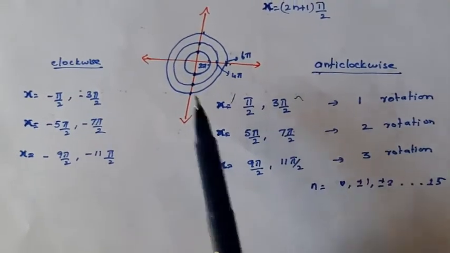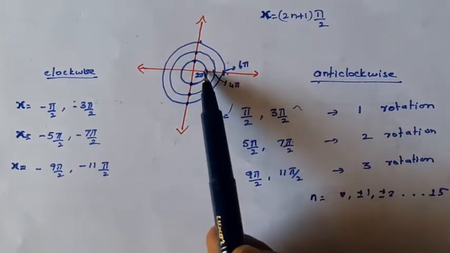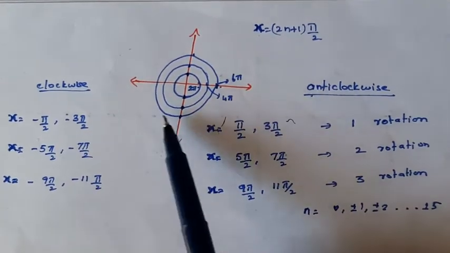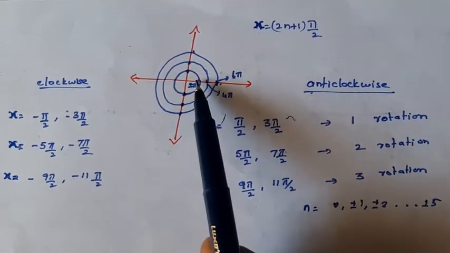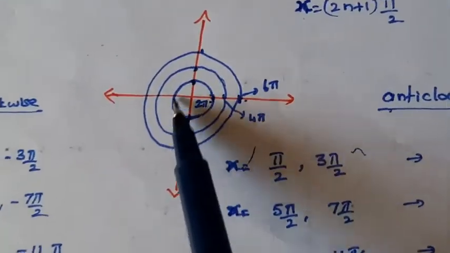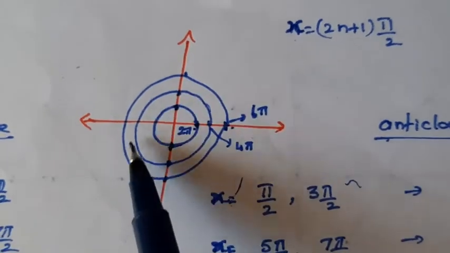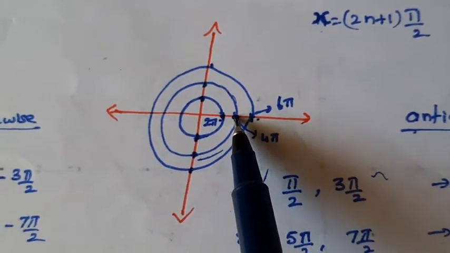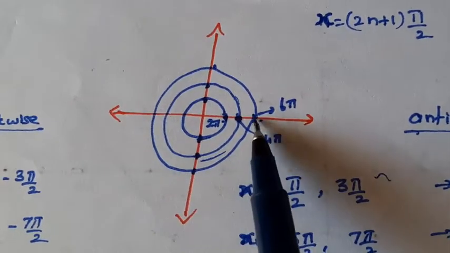Now look at this. The first circle represents the first rotation, the second circle the second rotation, and here the third rotation. In the first rotation we have 0, pi by 2, pi, 3 pi by 2, 2 pi. After the second rotation it will reach here at 4 pi, and for the third rotation the angle will be 6 pi.